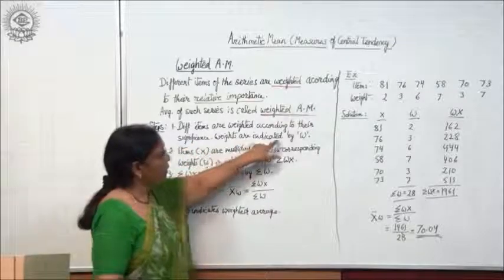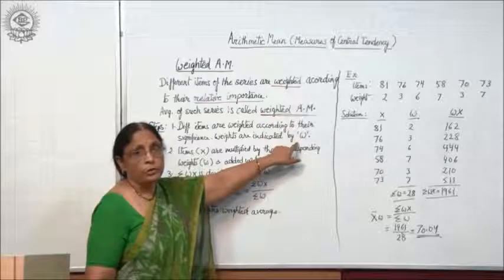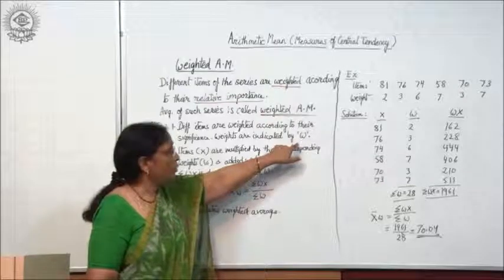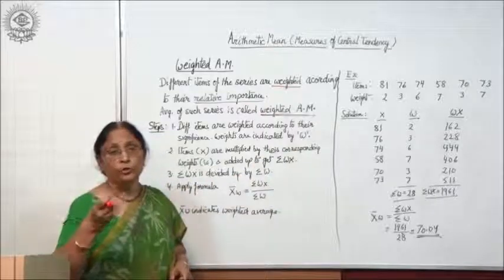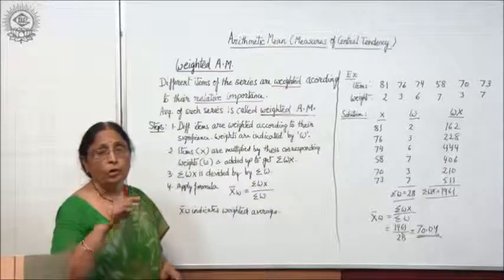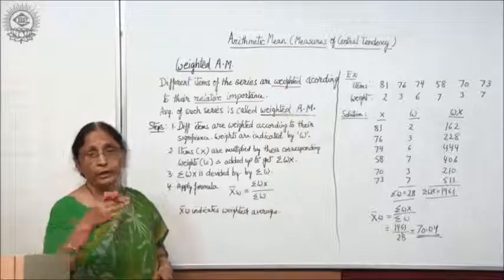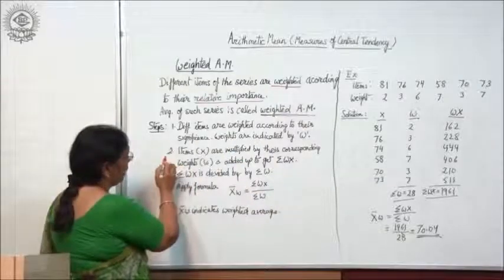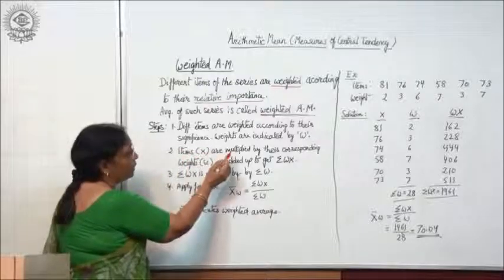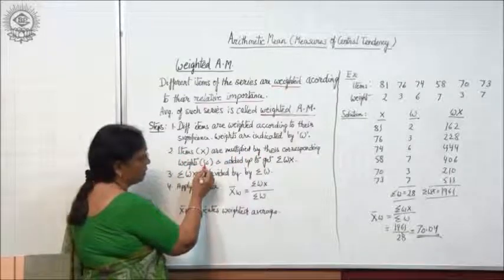Weights are indicated by W. We assign weights like 1, 2, 3, 4, or 2, 10, 20, whatever you prefer, which you will come to know when you do the calculation. Second, items X are multiplied by their corresponding weights.